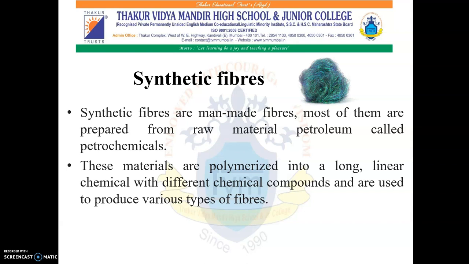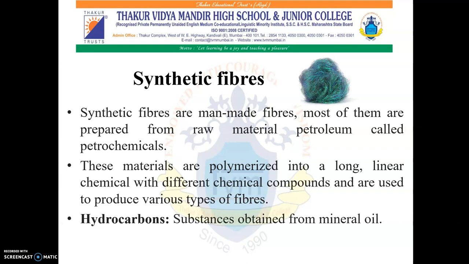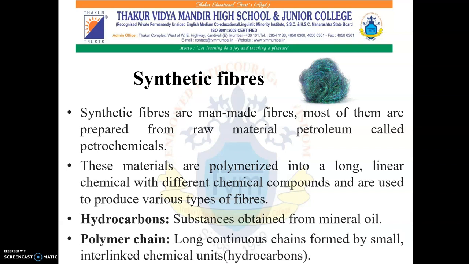In order to understand how synthetic fiber is made, you need to understand two terms: hydrocarbons and polymer chain. Hydrocarbons are the substances that are obtained from mineral oil, and polymer chain is the long continuous chain which is formed by small interlinked hydrocarbons.